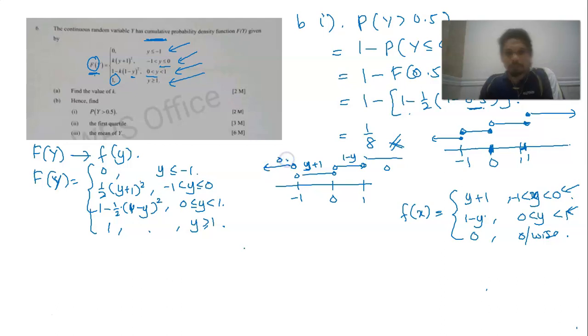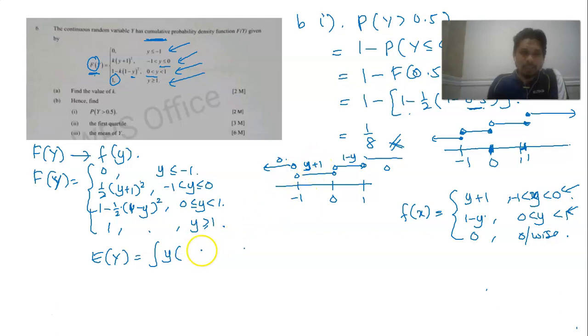Okay, so now to find the mean of y, equal to integral of y times y plus 1 dy from -1 until 0 plus integral of y times 1 minus y dy from 0 until 1.